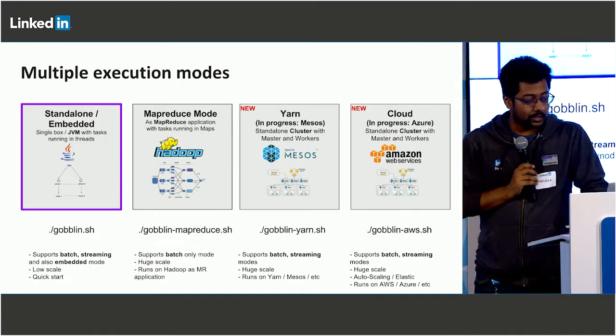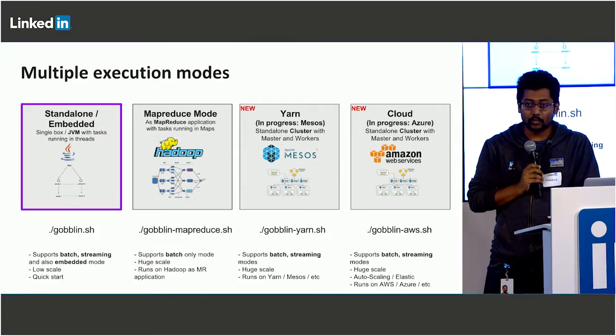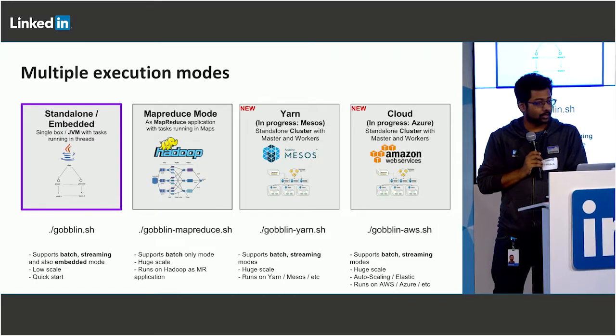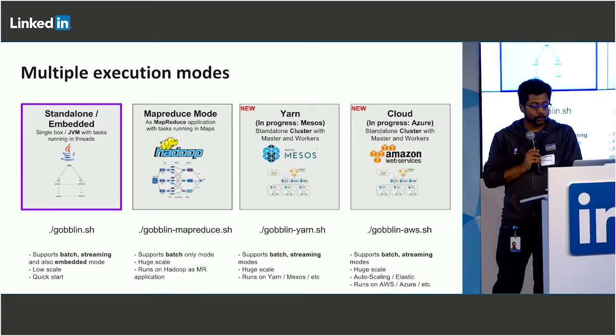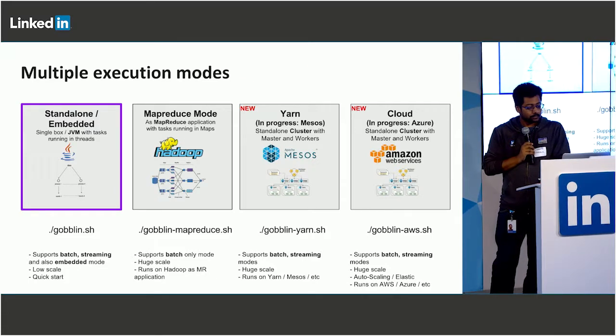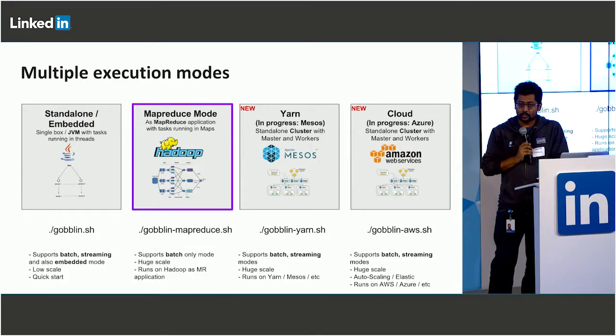Another big update is that we now support multiple execution modes. Many of you know Gobblin from a while back when it used to just run as an MR application in MR mode. Now it can run in multiple modes. You can run it in a standalone JVM or in embedded mode in your application. Or you can run in MapReduce mode, where it traditionally had a strong foothold.